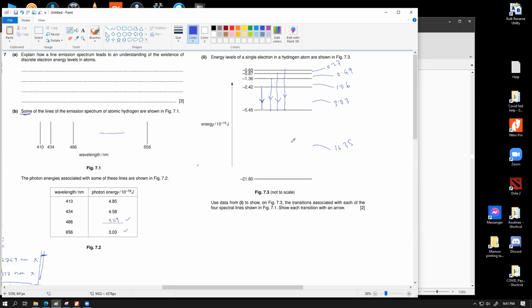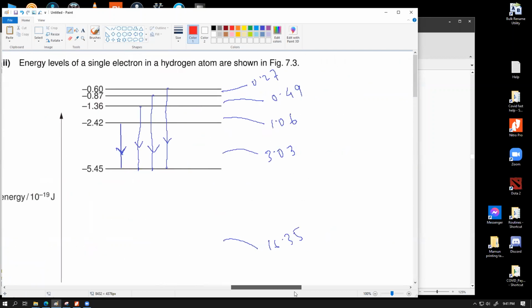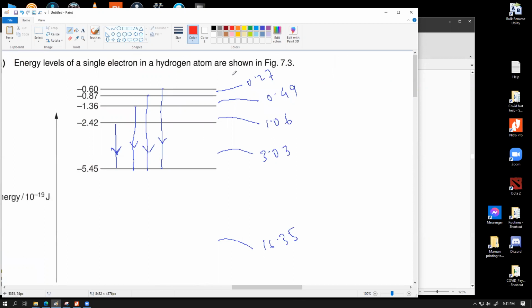Let me ask you this: if an electron jumped, let me draw with an arrow, and I might as well zoom in on this one so that you can see a better view. If an electron made a jump from here to here, how much energy should be labeled in that question? 1.46.